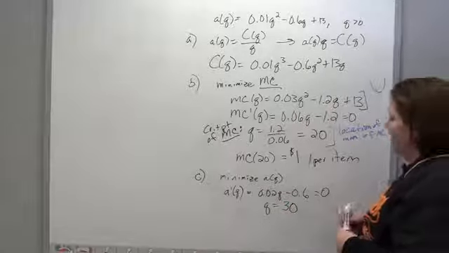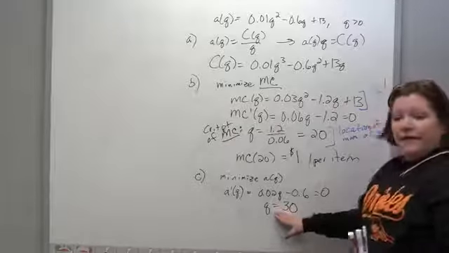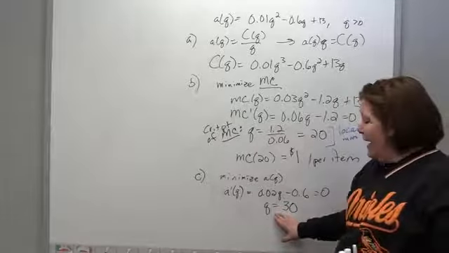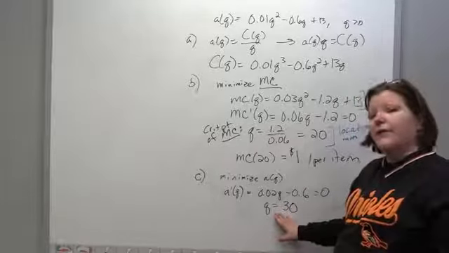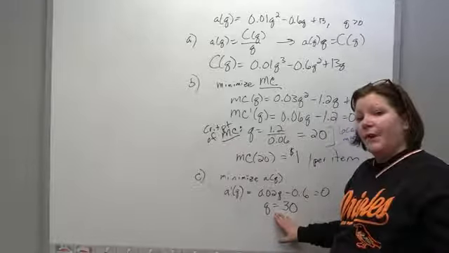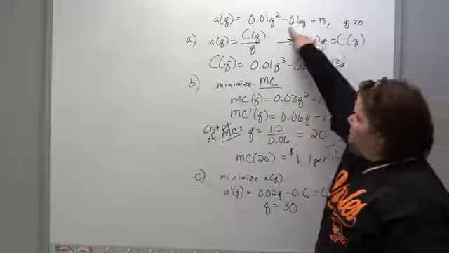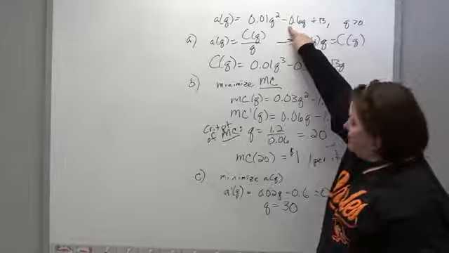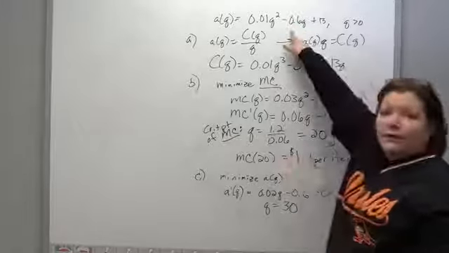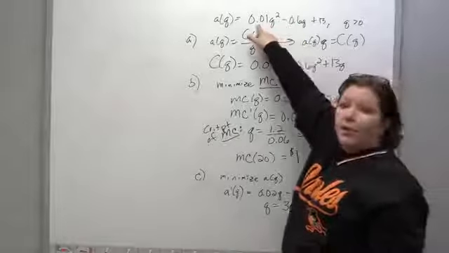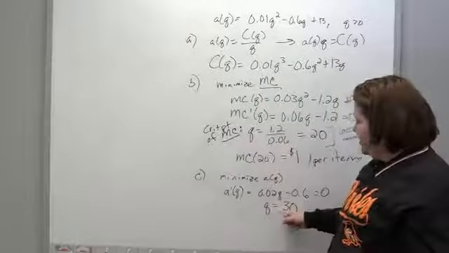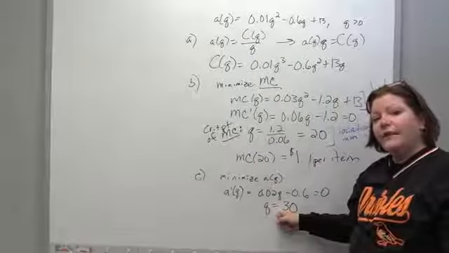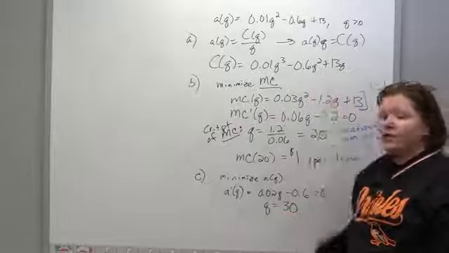And this is a critical point. Going back to the idea, does the critical point actually give us a minimum that we want? We go back to our average cost, what we're trying to minimize, and we see that it's a parabola opening upward. So what we just found was the location of the vertex of that parabola, if we were to graph average cost.